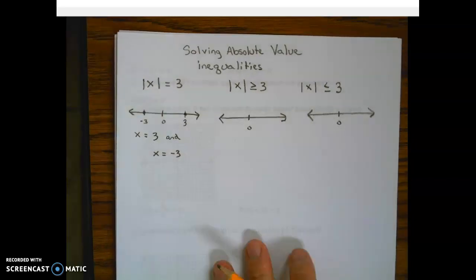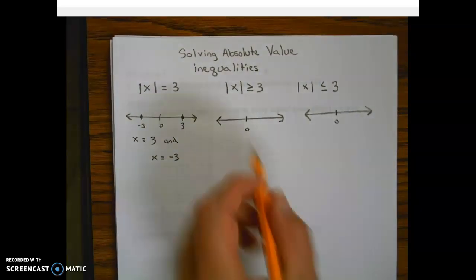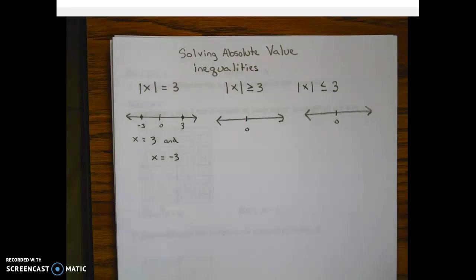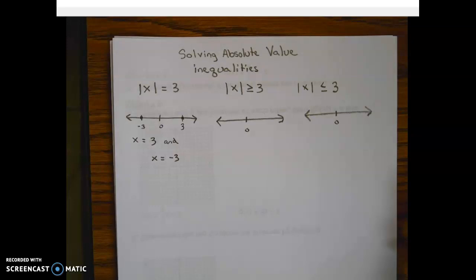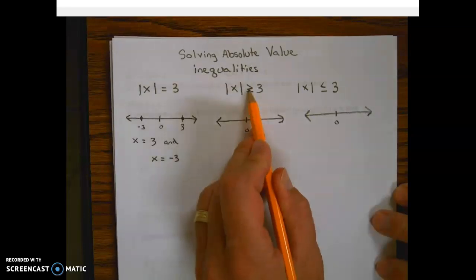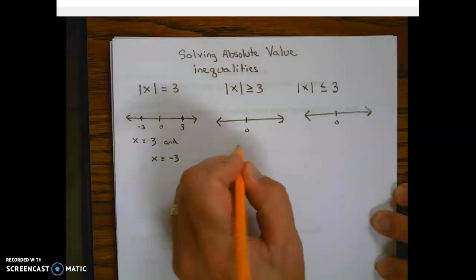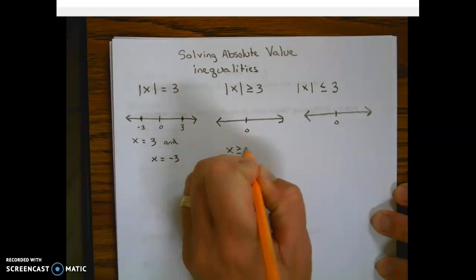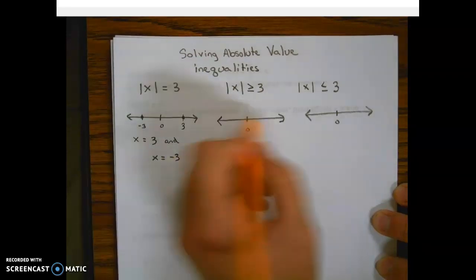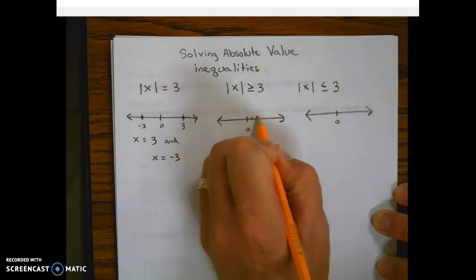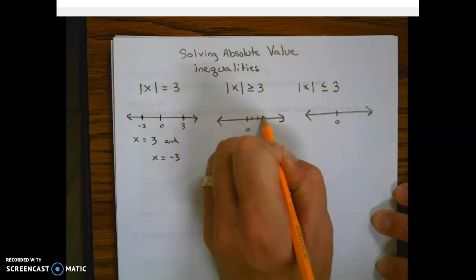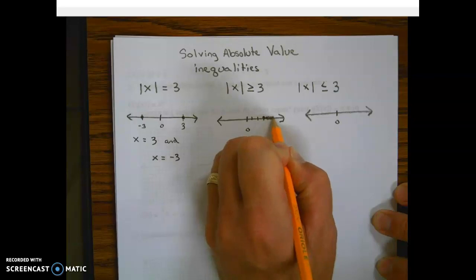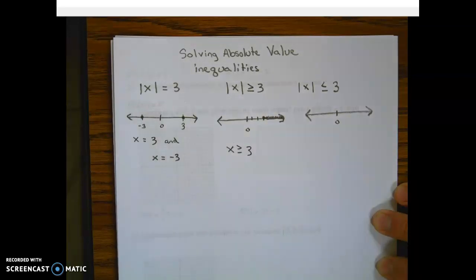So, looking at this one, we're going to have a different condition here. The first inequality that we set up when we have a greater than is basically the same thing. x is greater than or equal to 3. So at 3, we would have a closed dot and we would shade to the right.